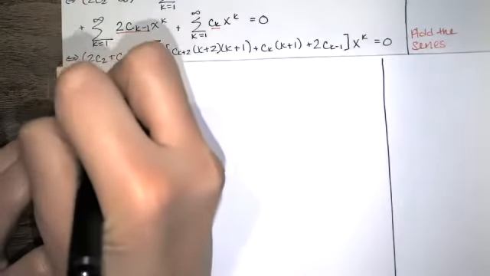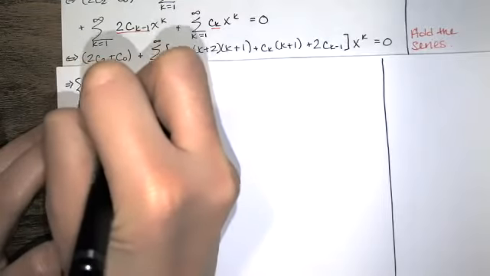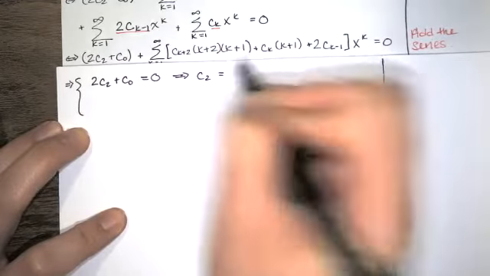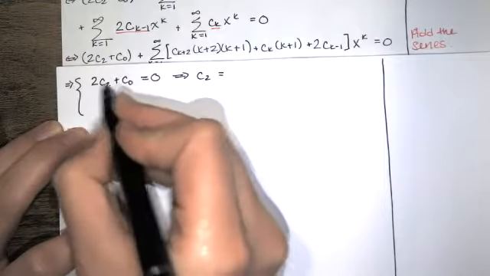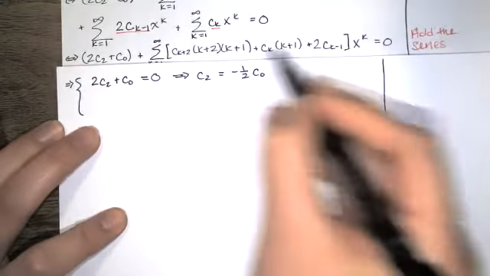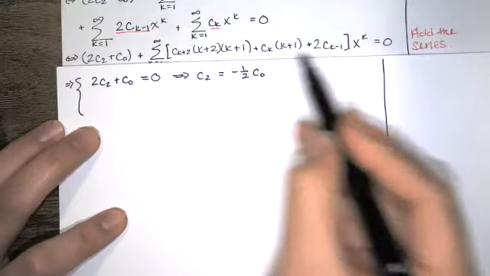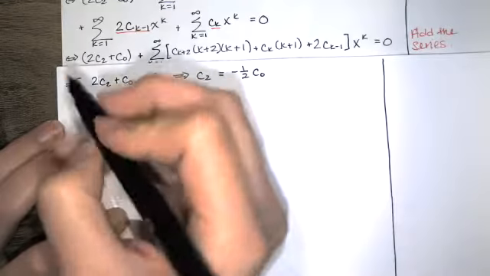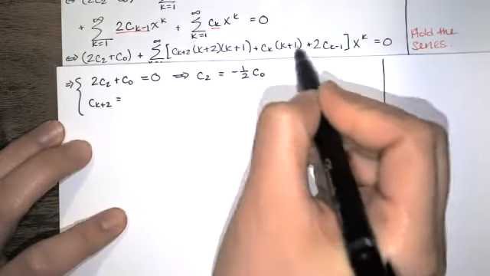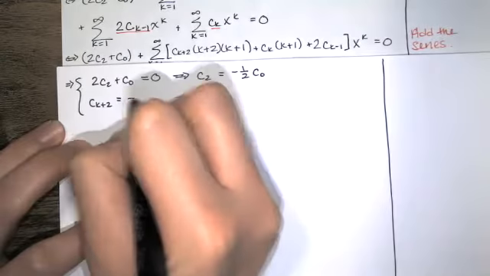So for my constant term, I've got 2c sub 2 plus c sub 0 is 0. And we want to get c sub 2 by itself. So we're going to subtract this from both sides and divide by 2. Now on this one, we want to solve for the one with the largest subscript. So that's c sub k plus 2. So I will subtract this guy and this guy from both sides.